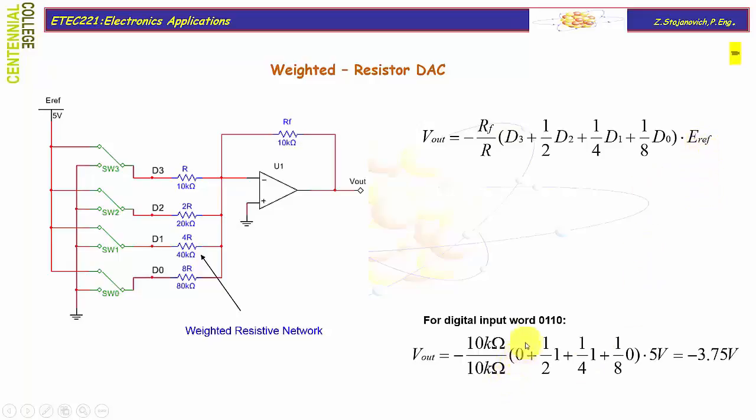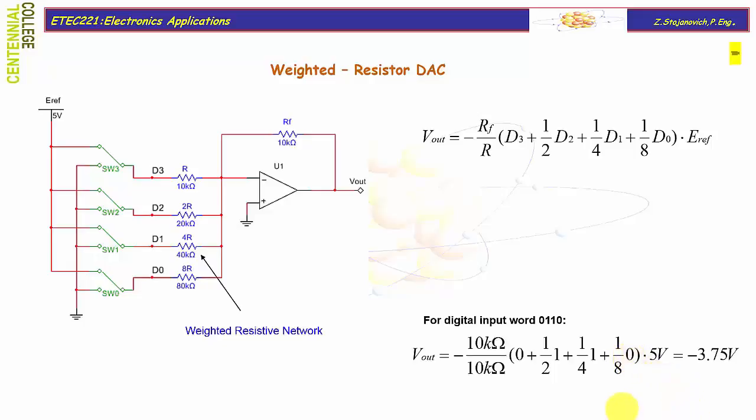Now, for instance, if we are interested in finding output voltage for the input word 0110, that means operator D3 will have a value of 0, operator D2 will be 1, D1 will have a value of 1, and the least significant bit D0 will have a value of 0.